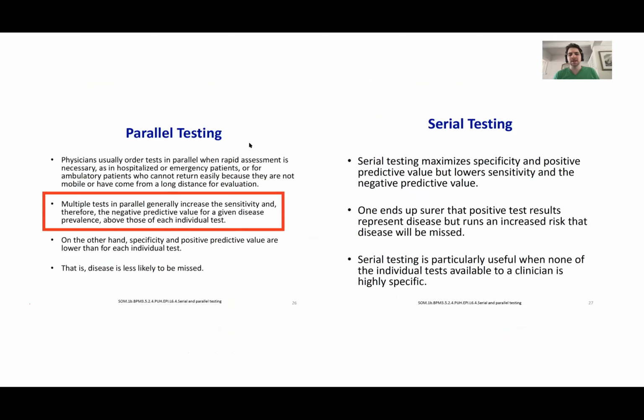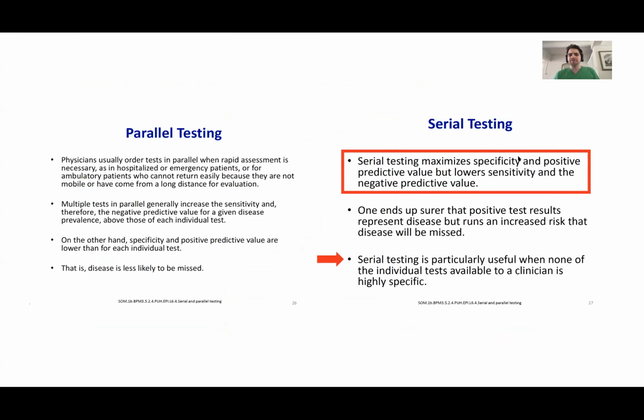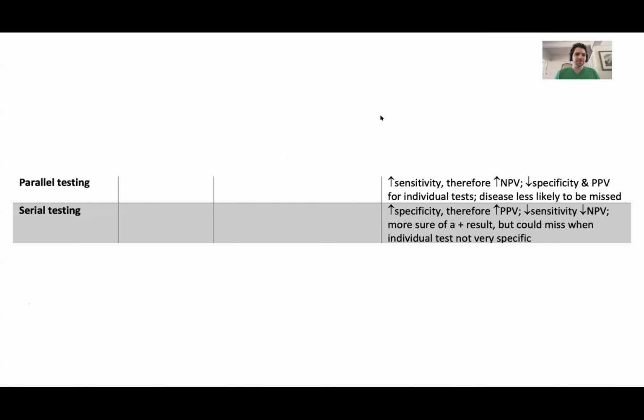Increased sensitivity means increased negative predictive value. And then here, specificity correlates to your positive predictive value. That's your SPIN and SNOUT thing. And again, like I said, none of these individual tests are really great, so you work with what you have. All right, you can read that here.